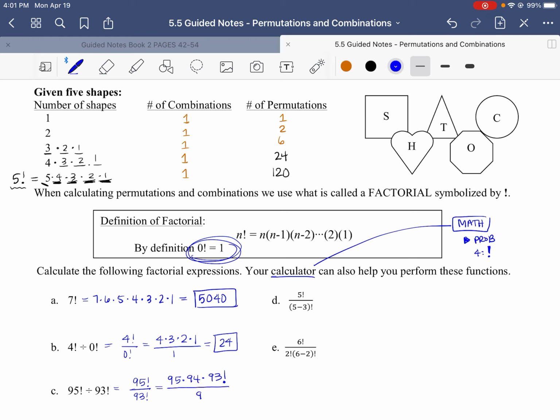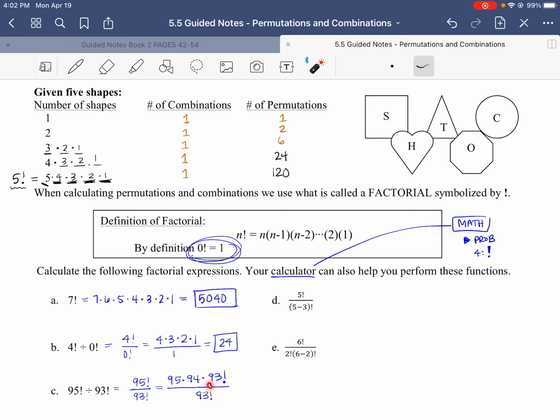And then if I do that divided by 93 factorial, what I want you to realize is that 93 and 92 and 91 and 90, all of those would actually be rewritten here, 93, 92, 91, and they would actually cancel out because they're multiplication and division.